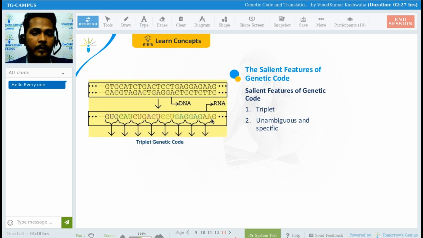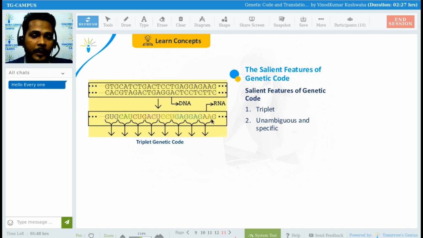As of now, we studied that three adjacent nitrogen bases constitute a codon which specifies the placement of one amino acid in the polypeptide. So it should always be a triplet codon.